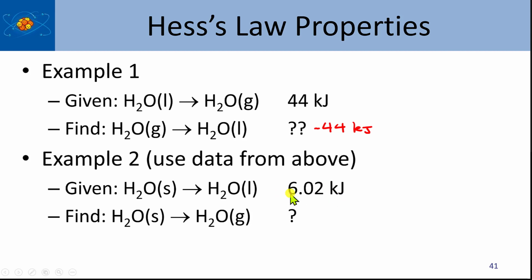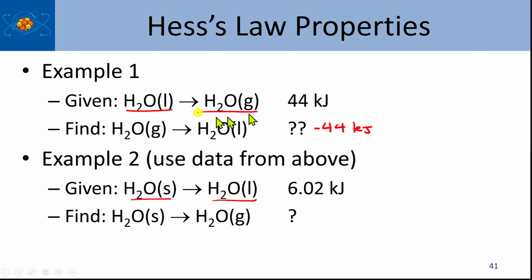On the other hand, if I wanted to go from H2O solid to H2O gas, how would I do it using these three equations that are given up here? Well, I could go like this. It's H2O solid goes to H2O liquid, right? And then H2O liquid goes to H2O gas.